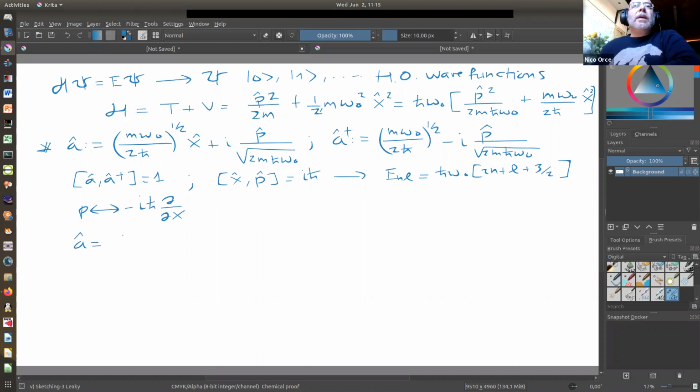So basically this will remain the same, (m omega naught over 2 h bar) to the 1/2 of x, and this fellow will come here as i, and now we have i h bar, partial derivative with respect to x, divided by the same thing, 2m h bar omega naught.